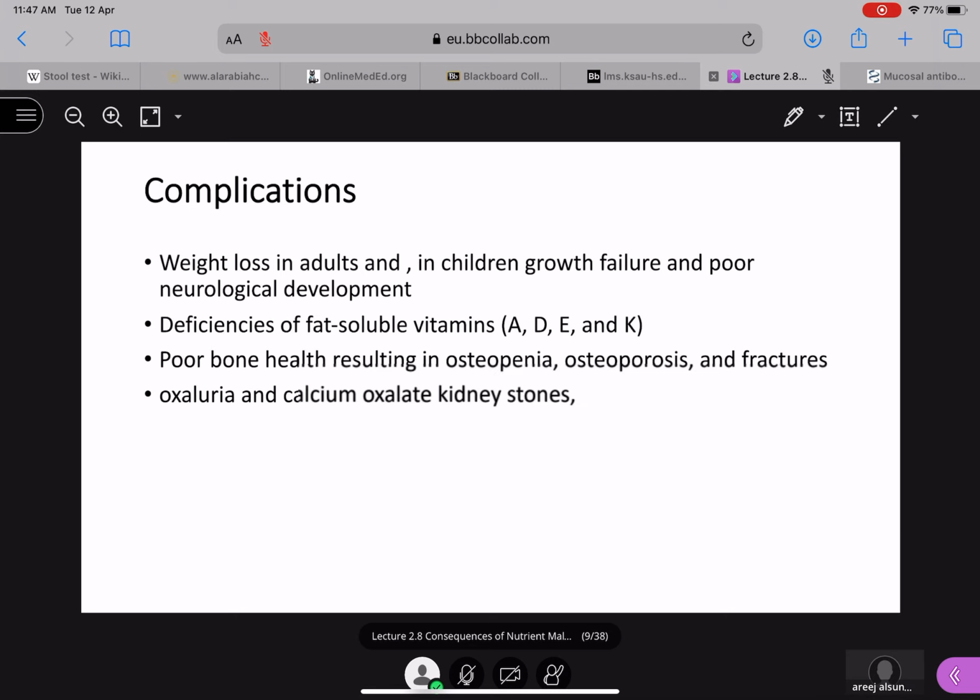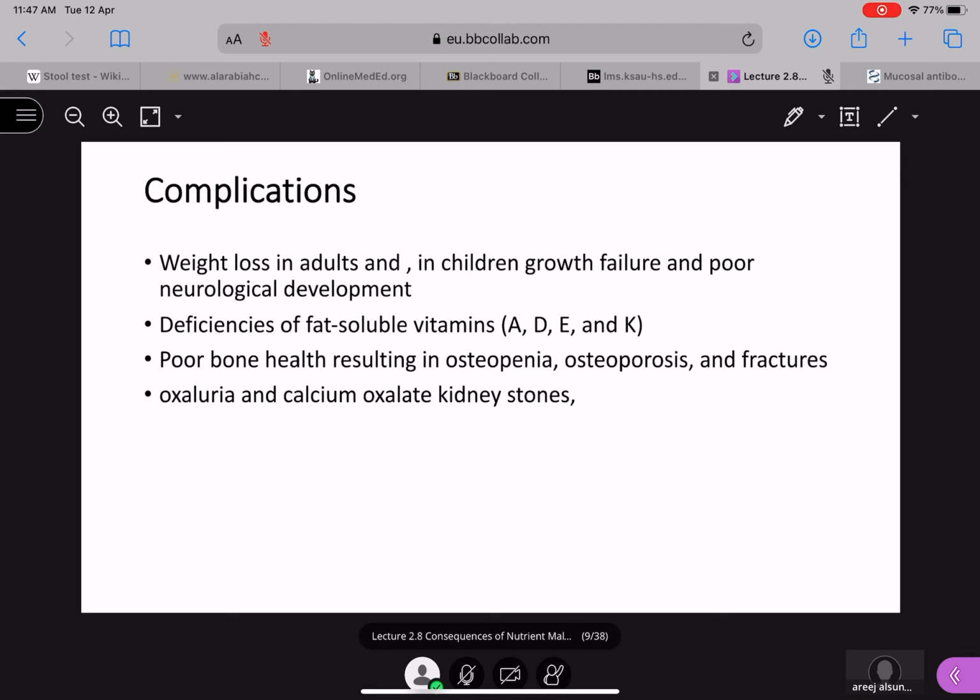So what are the complications of steatorrhea? Fat is a very, very important nutrition molecule. It has a high energy density, and it is very important, especially in pediatrics, for neurodevelopment, because we need essential fatty acids, which come from triglyceride, for normal brain development.